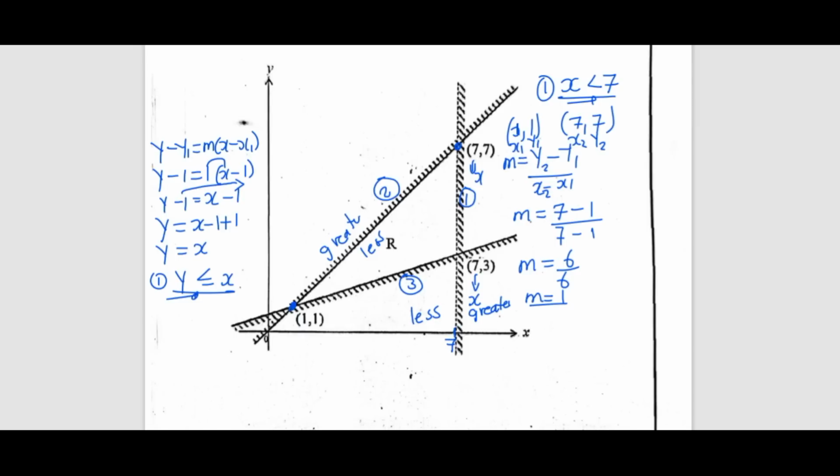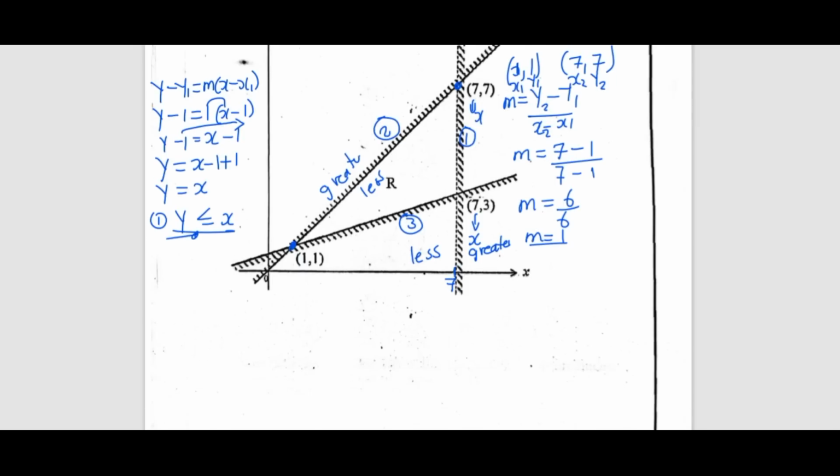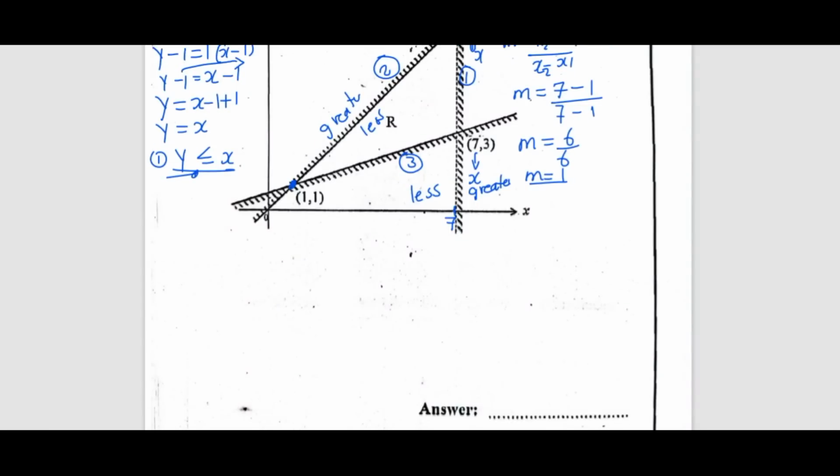Now we can look at the last one. For the last one, we are going to use 1, 1, and then this pair, 7, 3. The same, we begin by finding the gradient.